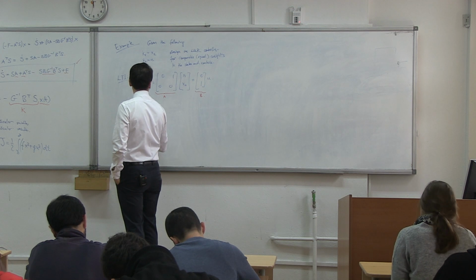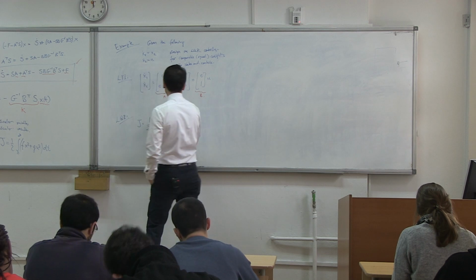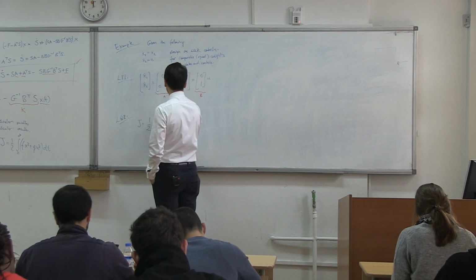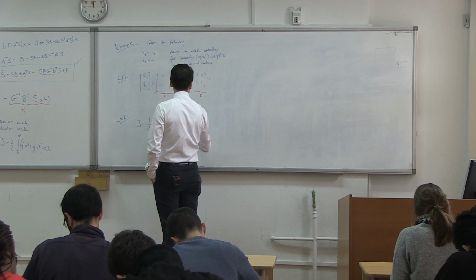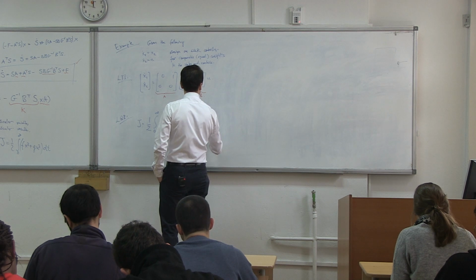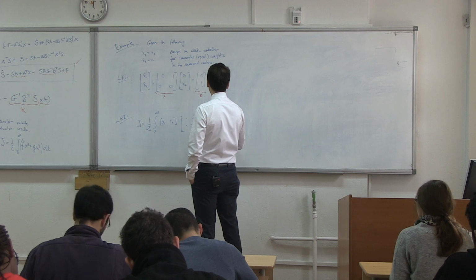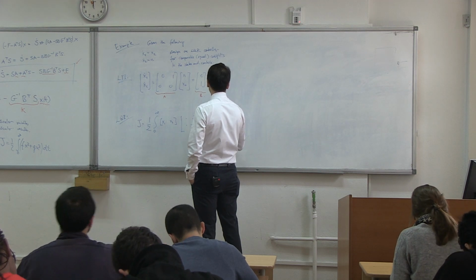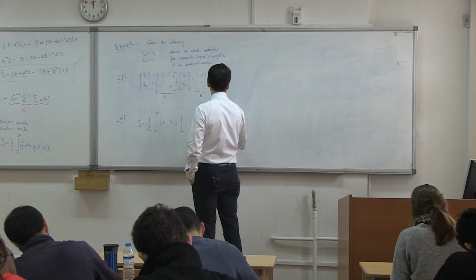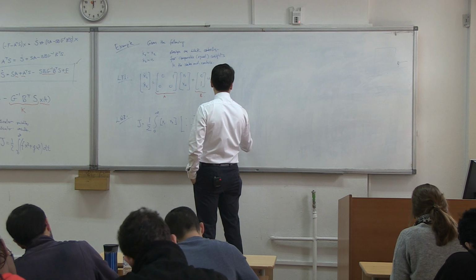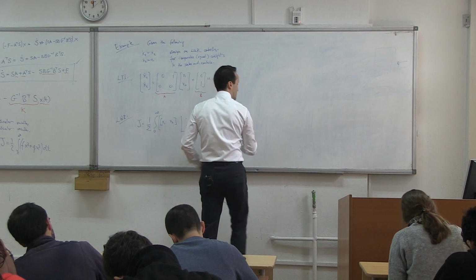J is 1 over 2, integral to infinity, of x1 x2 times the F matrix times x1 x2 plus U G U dt.